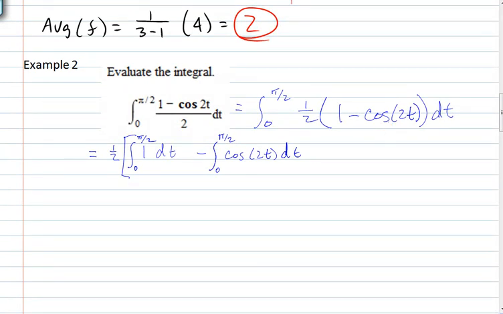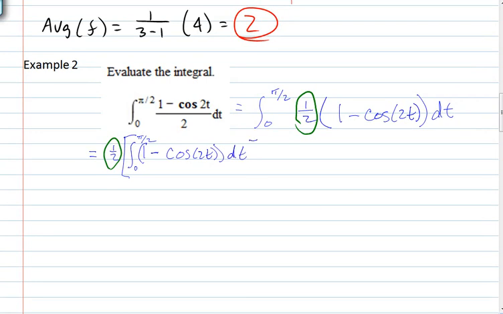Look, I can make it real easy. I understand that. I just don't understand why the 1's still up there if you brought it out to the side. I didn't bring the 1 out to the side. I brought the 1/2 out to the side. This is the constant term that came out front. It's 1. Watch. It's 1/2 times the integral of 1 minus cosine 2t dt.